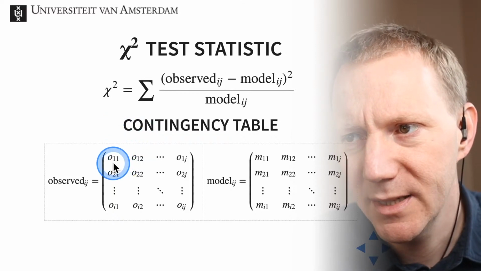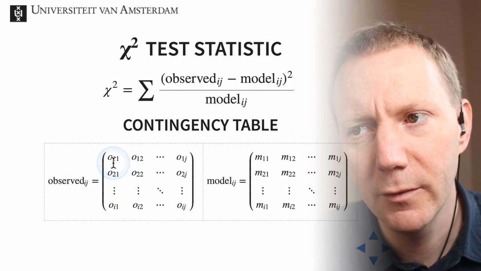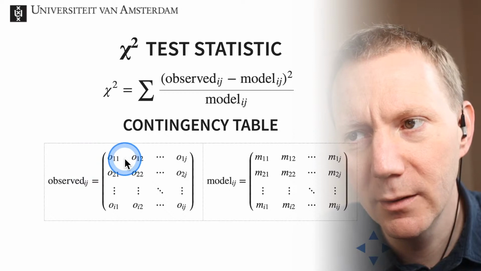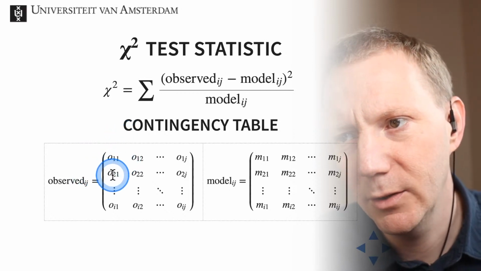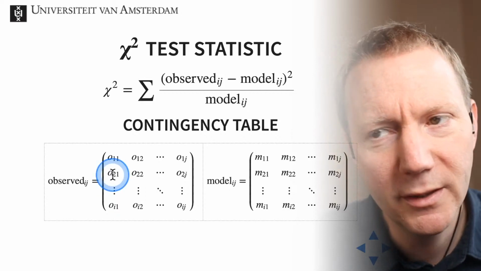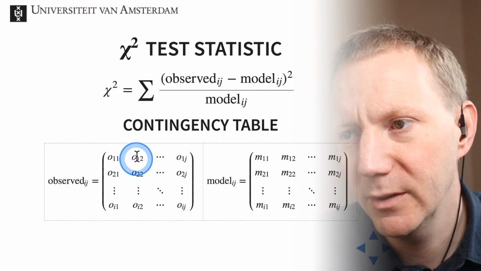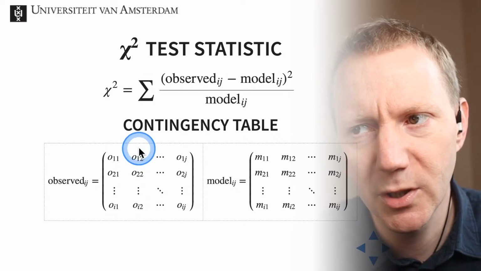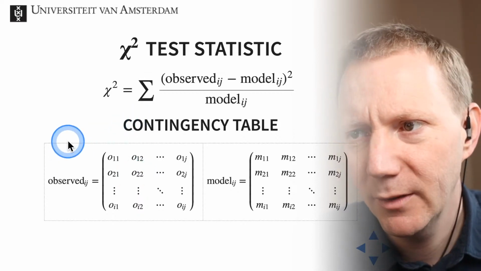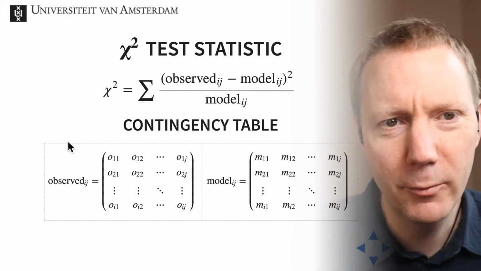What we're putting in these cells is just the frequency of males in the control group, the frequency of the females in the control group, the number of males in the experimental group, and of course the number of females in the experimental group. It looks a bit daunting, but it's just how many people are in which categories.